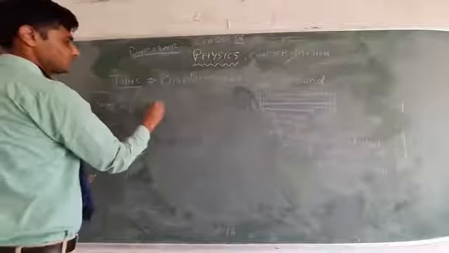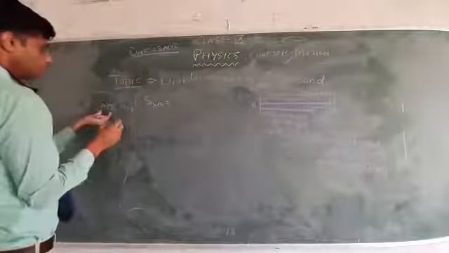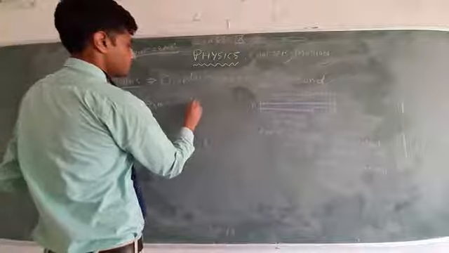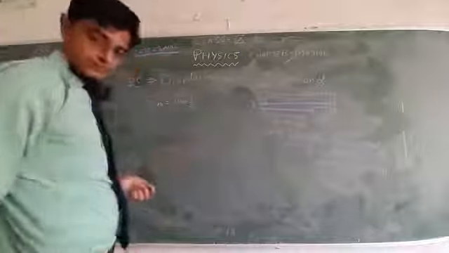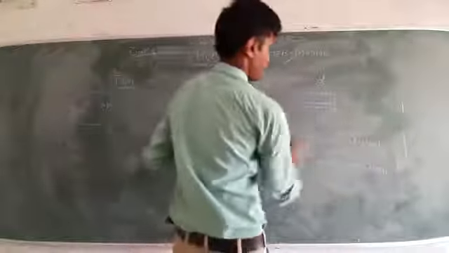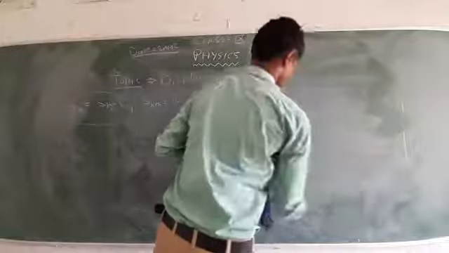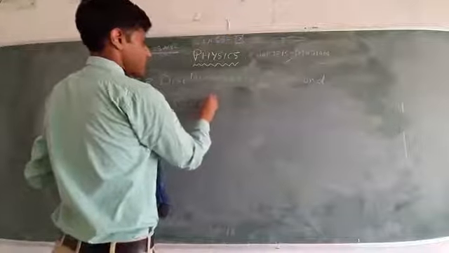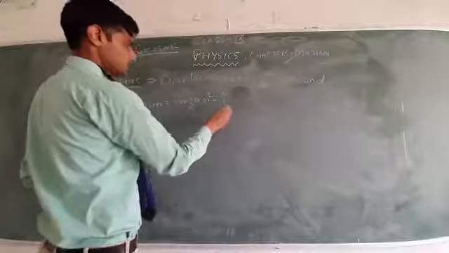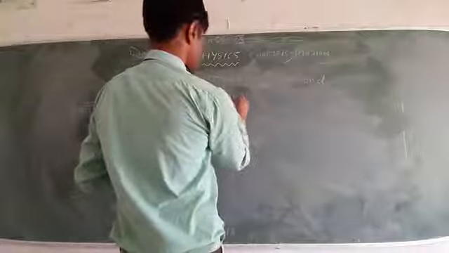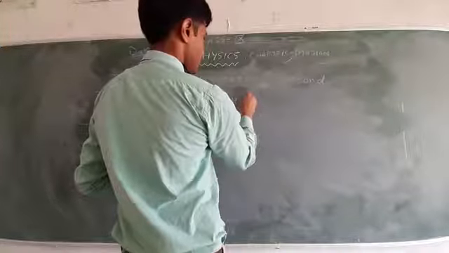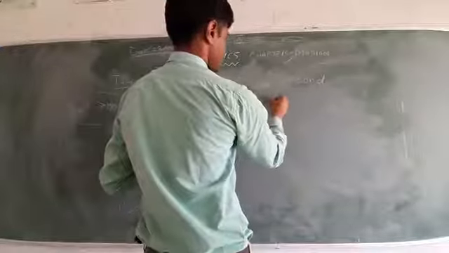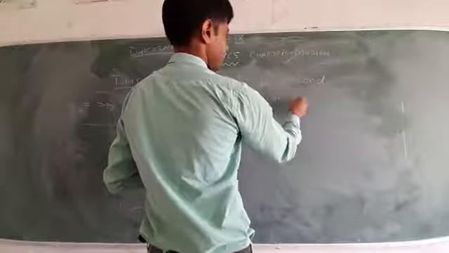So the value of Sn equals u(n) plus 1 upon 2 a n square, minus u(n minus 1) plus 1 upon 2 a (n minus 1) whole square.